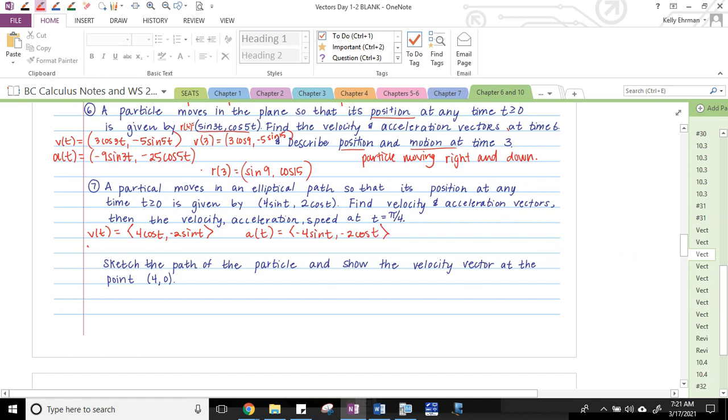Velocity at pi over 4. Let's see. Radical 2 over 2 times 4 is just 2 radical 2. Negative 2 times radical 2 over 2 is negative radical 2.